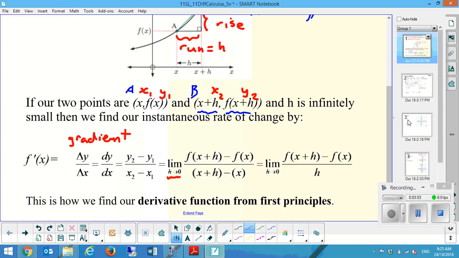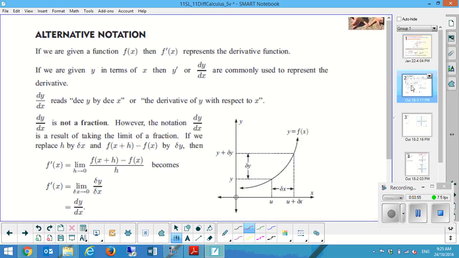All right, so let's have a look at that. We're going to look at a bit more of the notation, and then we'll look at some examples. So if we're given our function f of x, then f dash x, or you may also use the term f prime x, defines the derivative function. We could also write that as y dash, or dy dx.